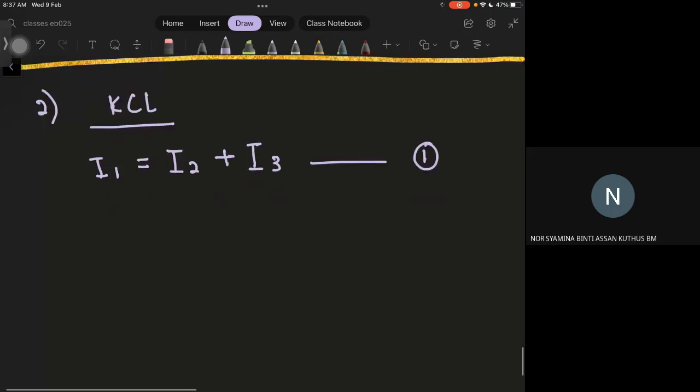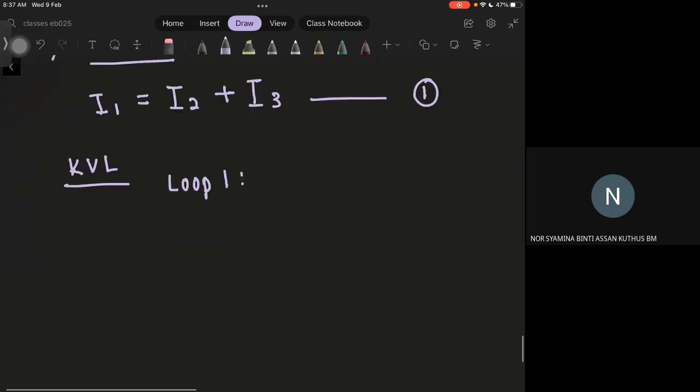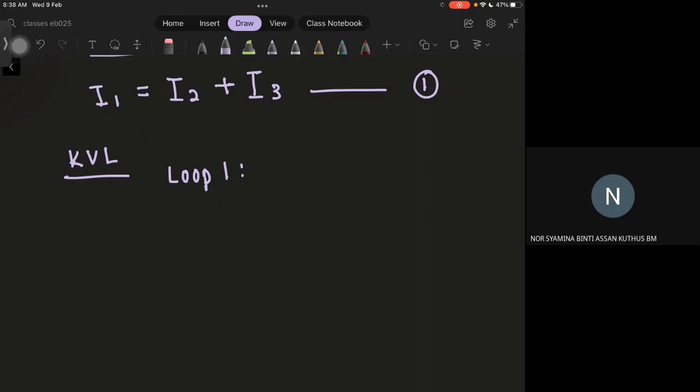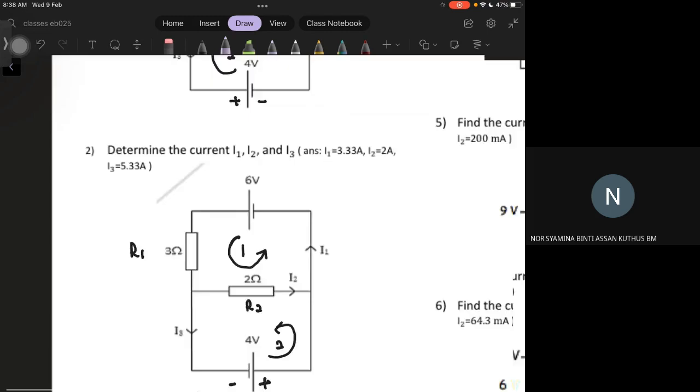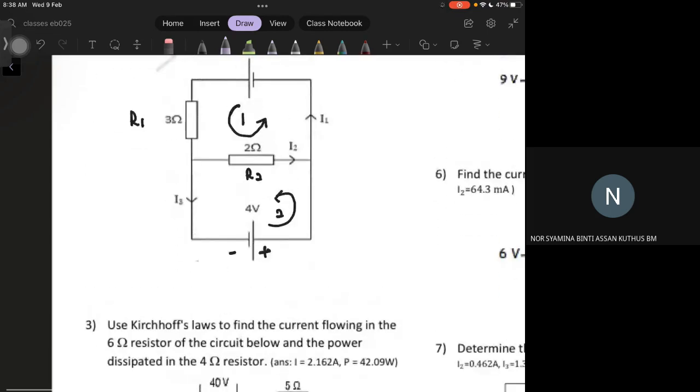Okay, so by using KVL, loop yang pertama, the first loop, tengok balik awak punya soalan. Tadi sempat tak tengok soalan? Tengok balik loop kita. Loop kita akan bergerak daripada sini ke sini. So VR1 plus VR2. Kenapa? Kita punya loop dan kita punya current flow dia adalah sama, dia tak kacau current flow yang diberikan.